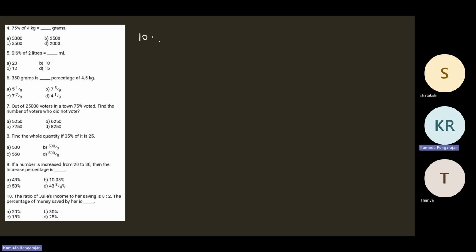The ratio of Julie's income to her saving is 8:2. The percentage of money saved by her is. Income to saving is 8:2. Income is 8 portions. Savings is 2 portions. Your income is a total, right? Income is all the money you get.